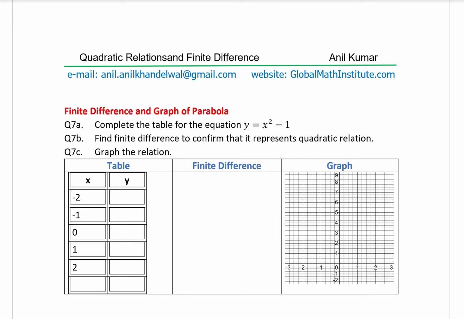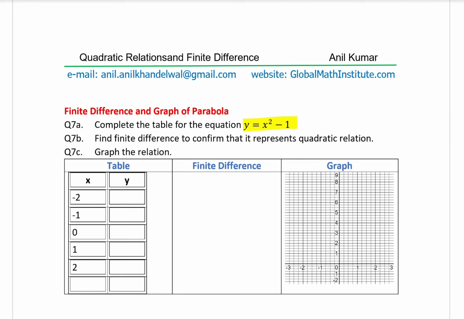Here we have an exercise for you. We need to find the finite difference and graph a parabola. Question 7a. Complete the table for the equation y equals x squared minus 1. So we are given this equation which represents a quadratic equation since the degree is 2. So we have to look for the degree, the highest power.